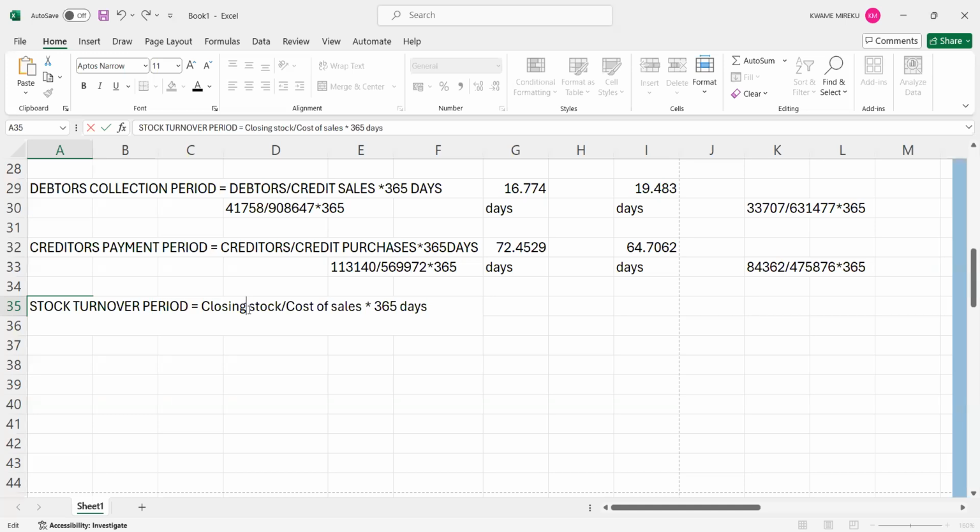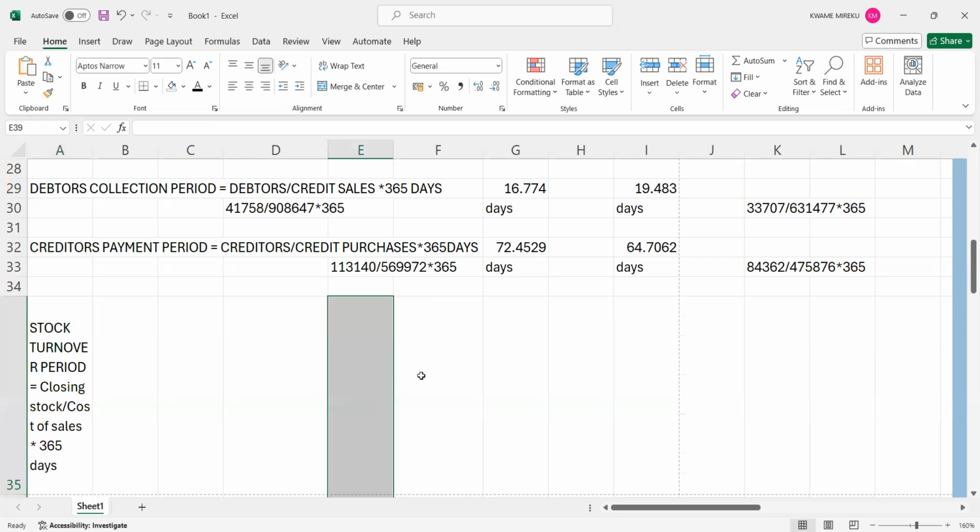That will be the opening stock for 2022. So if we use average for 2023 and use only closing stock for 2022, that will not be right. So if there is no information to get average stock for the two periods, we advise that you use the closing stock for the two. Is that okay?